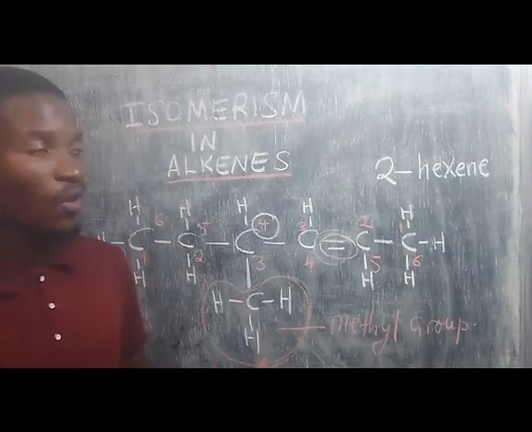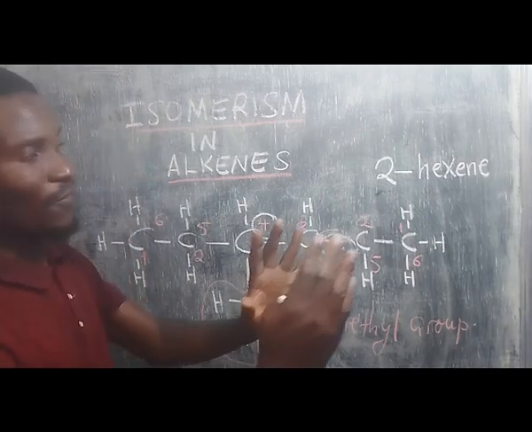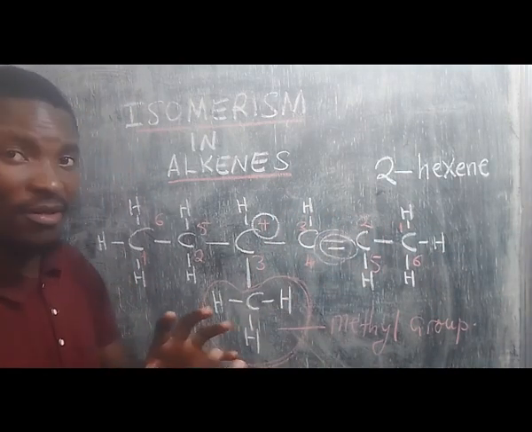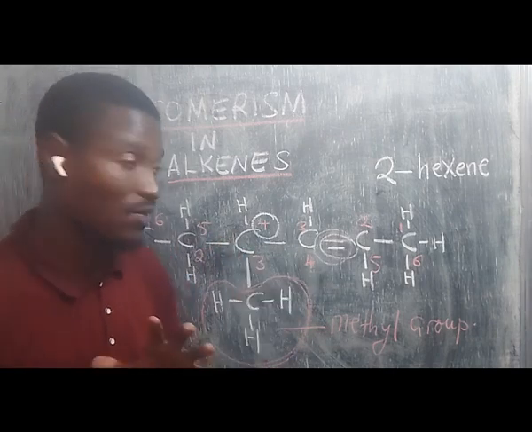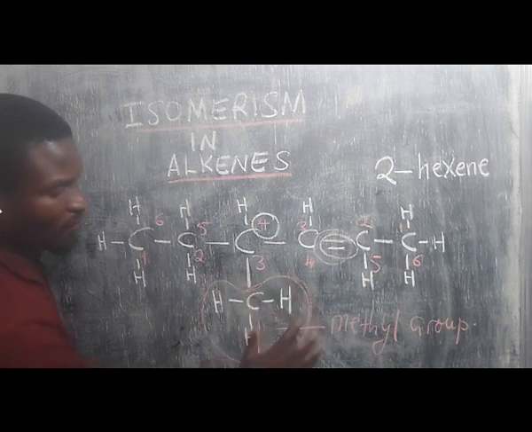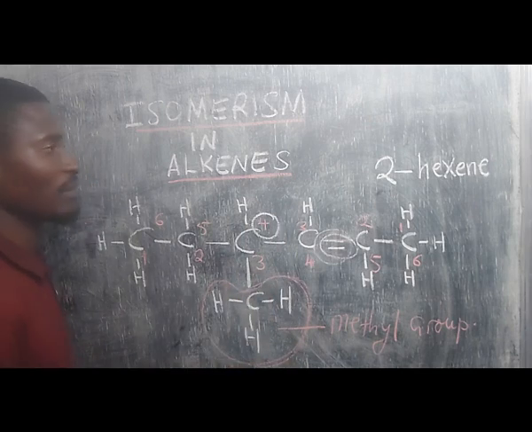Okay, it is called a hexene. So that now gives you the first part of the nomenclature. Now the second part of the nomenclature is going to be the naming of the methyl group, which has actually branched off from the 4th carbon, which is this one.